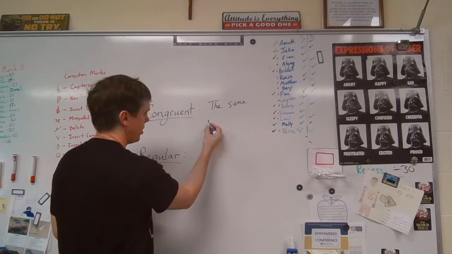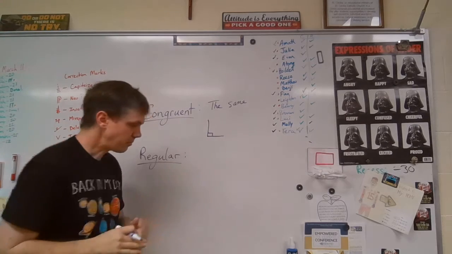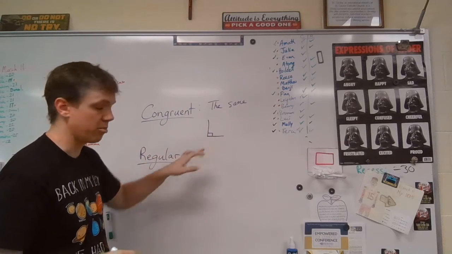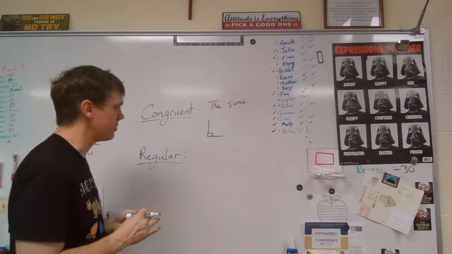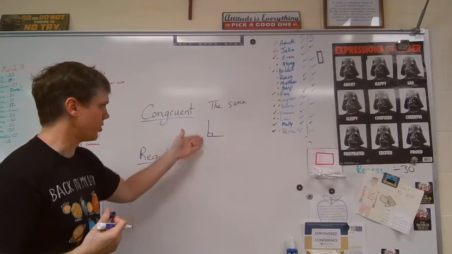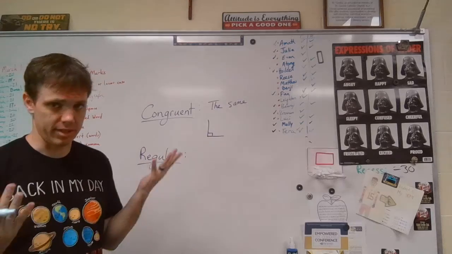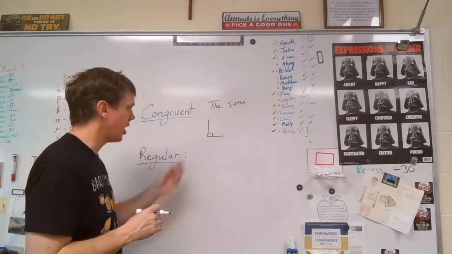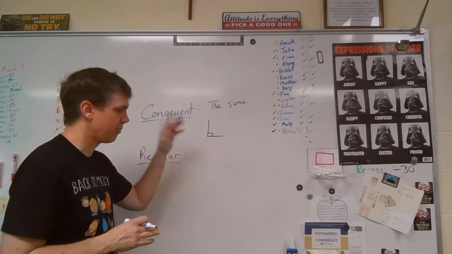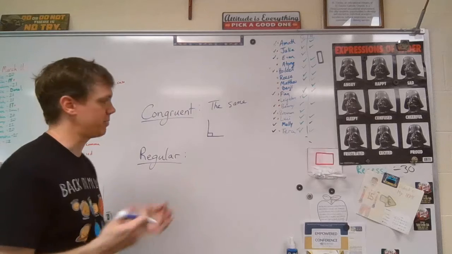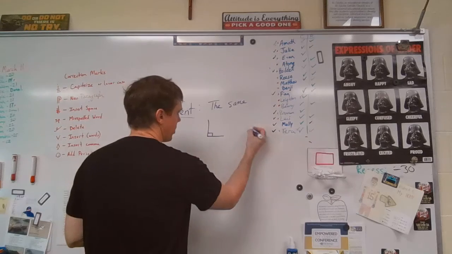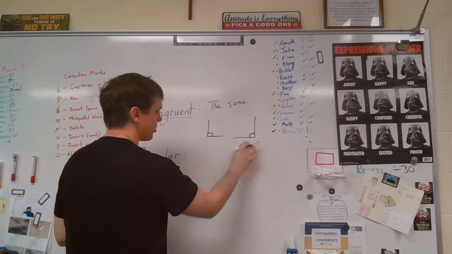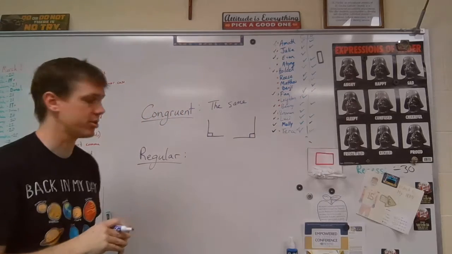If you have two line segments here that intersect and it forms a 90-degree angle, you put a little box in there and that just symbolizes that that's 90 degrees, because obviously if we were to measure this out, we would find that it is not 90 degrees, because as a human, I can't draw a perfect 90-degree angle. However, I put that little square there and then everybody knows, okay, that's supposed to be 90 degrees. So if I have one there and then I have one over here, these are both 90 degrees, so these are congruent angles, okay?